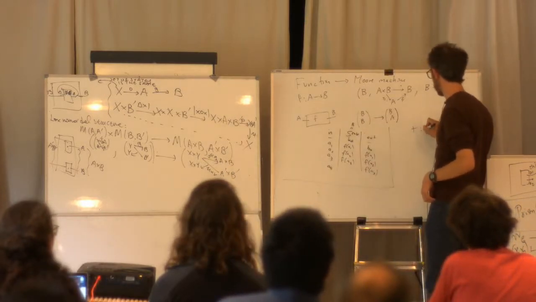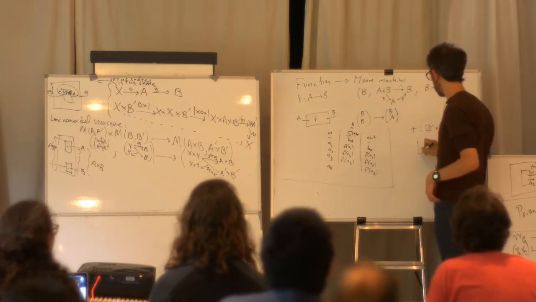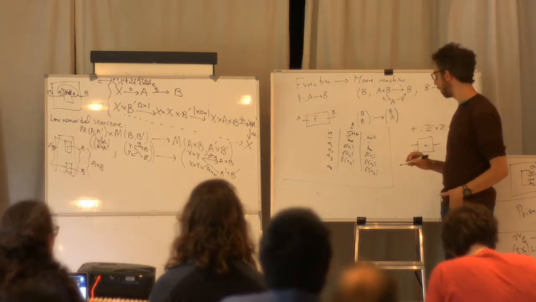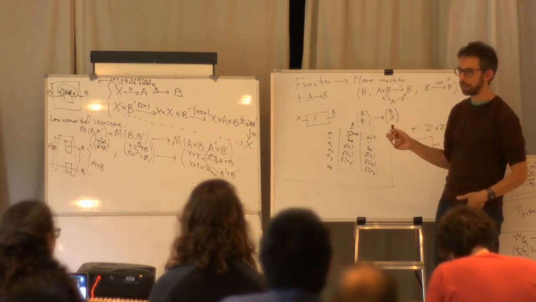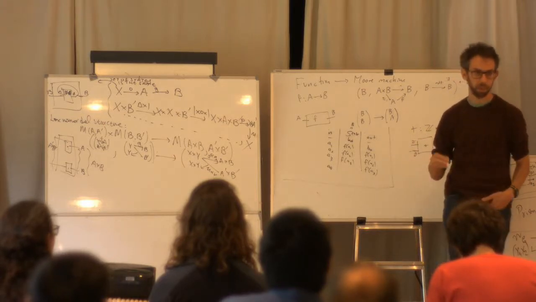Now, for example, plus is a function from Z times Z to Z. So I can record that as a little plus box. This will be a Moore machine. Its state will be an integer. It'll take in two integers as input and just add them in the next time step.